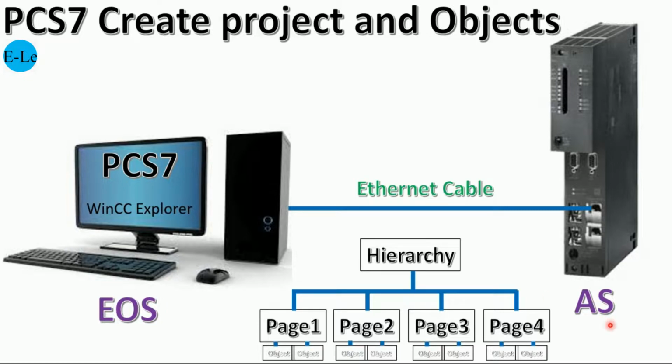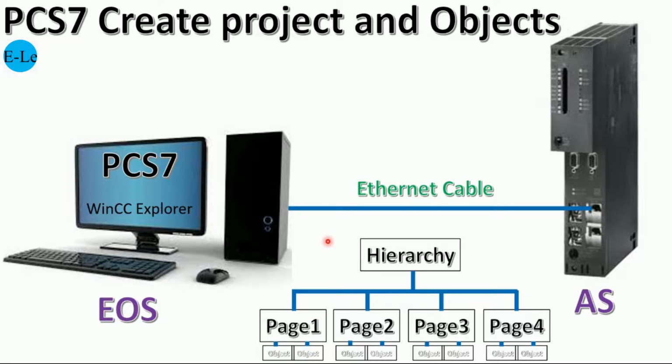And here is the AS, which we can call the automation system. We will connect with an Ethernet cable between the central processing unit and our PC. But in this section, I will simulate with the SIMATIC PLCSIM for simulation with the objects.